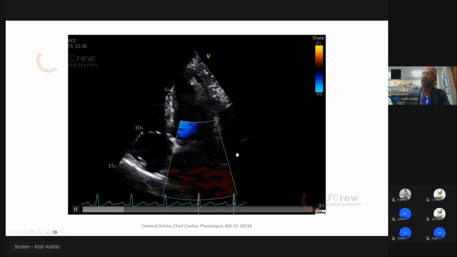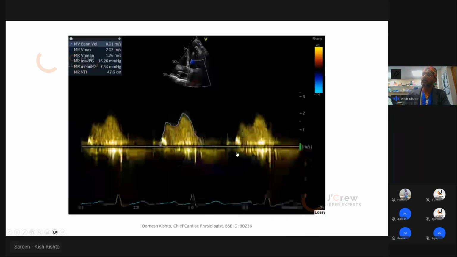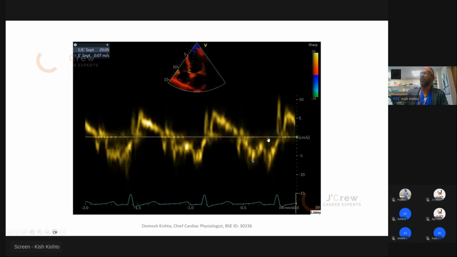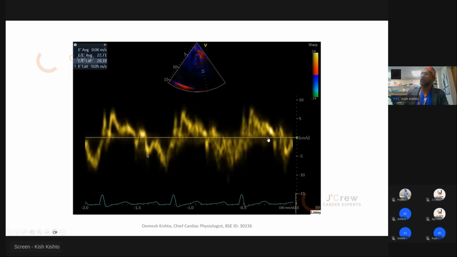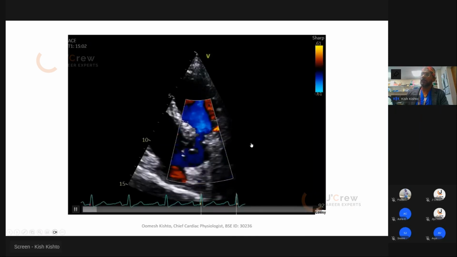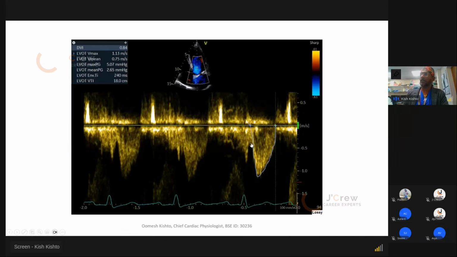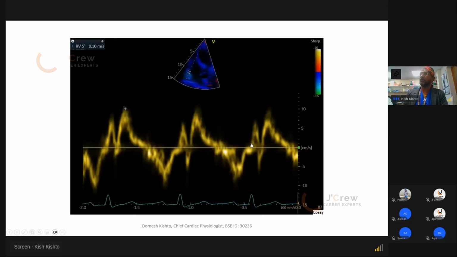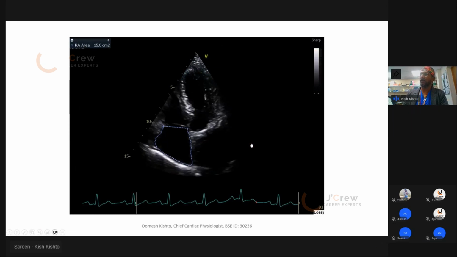But then you can see on the CW, you have a mean gradient of 7, which indicates mitral stenosis there. So do the standard routine tests, everything as normal, the minimum data set as you go along.